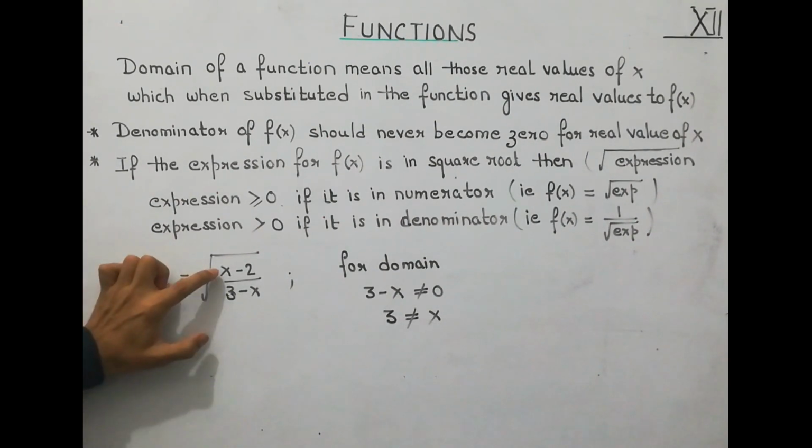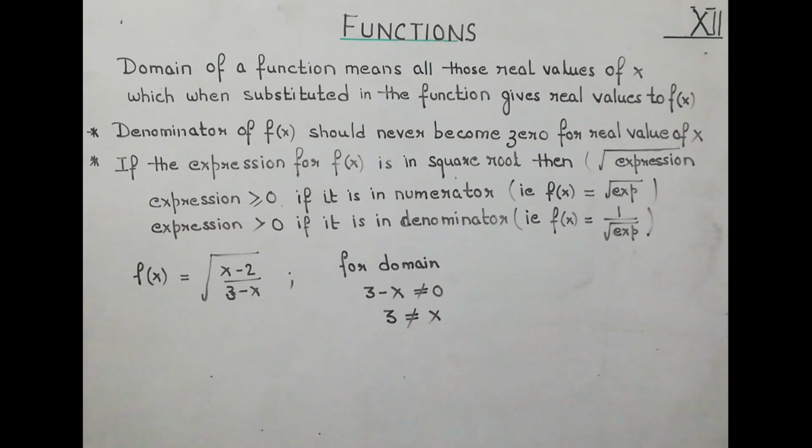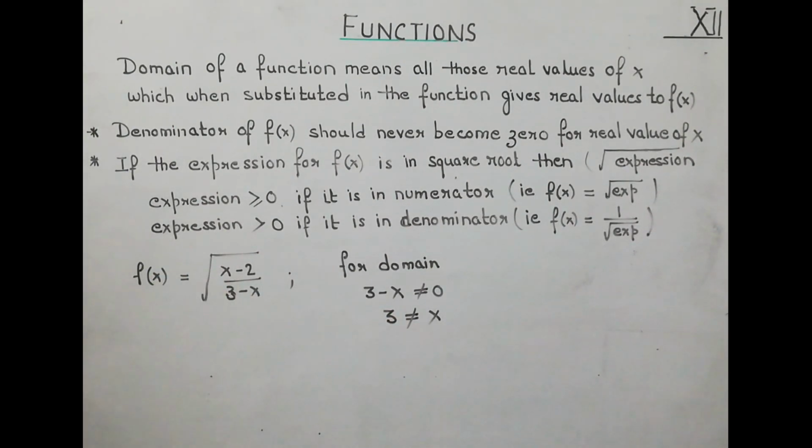Suppose you put 0 over here. Then this becomes minus 2 upon 3. Again it will not be a real number, because you get a minus sign within the root sign, then you get a complex number. So one point is clear that x cannot be 3, but we have to find what other numbers are there.